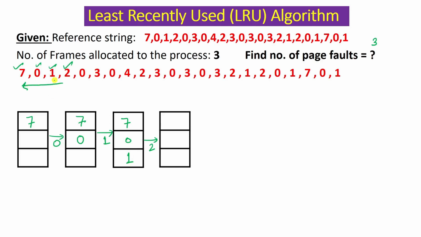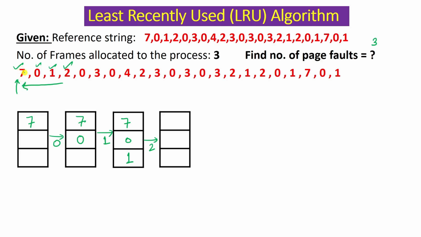You can see 1 was used recently, just now. 0 was used lately, before 1, so it could be removed, but we have 7 also. 7 is the page that was used very long ago. Let's say it was used at 1 p.m., 2 p.m., and 3 p.m. So in the recent past, which page was used the least? It is 7.